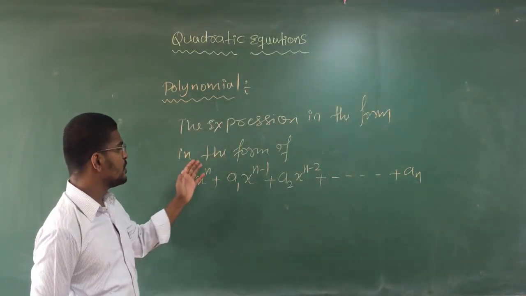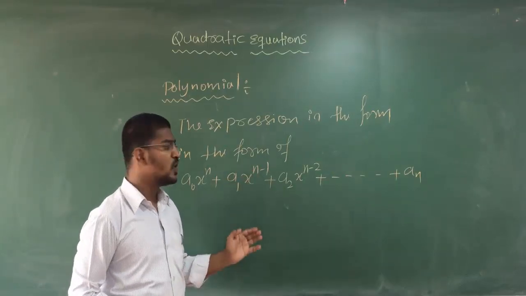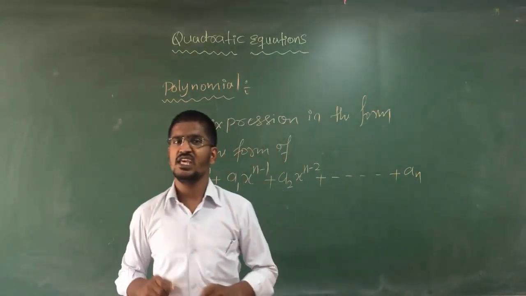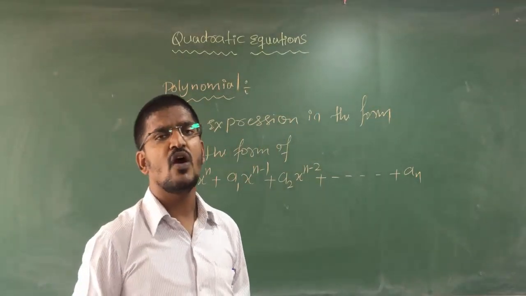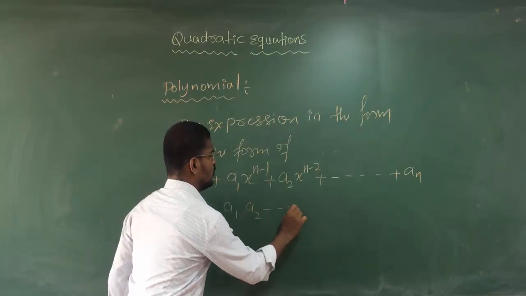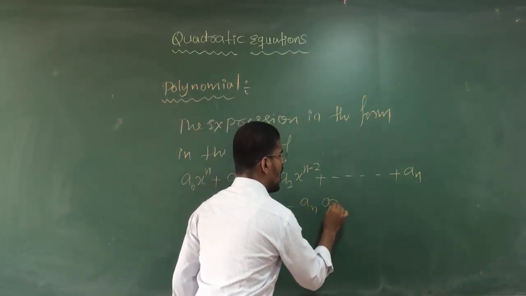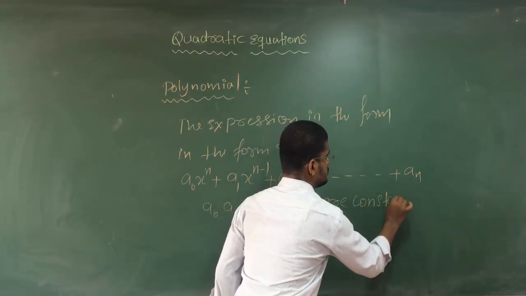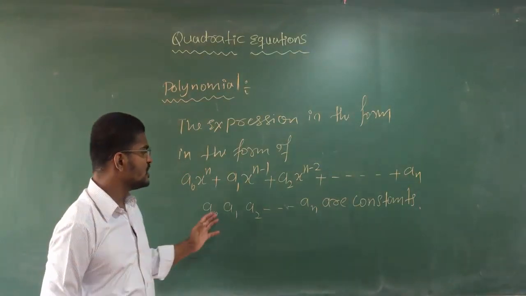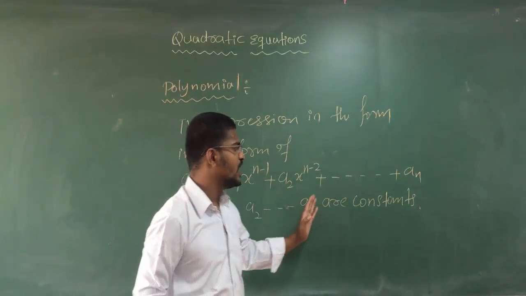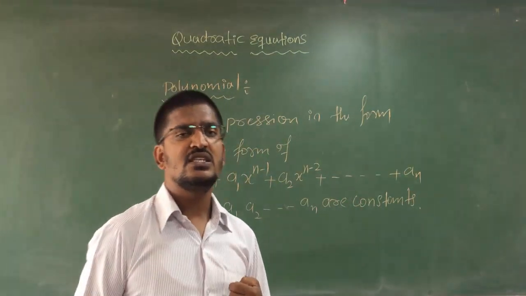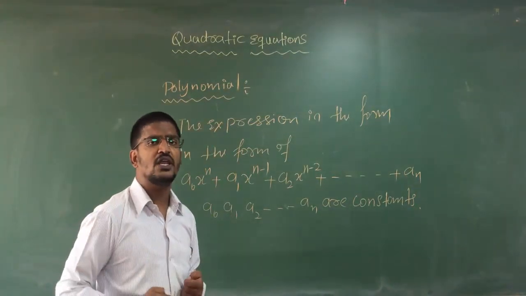This is called the polynomial, where a0, a1, a2 so on to an are constants, and the variable will be x. This type of expression is called polynomial.